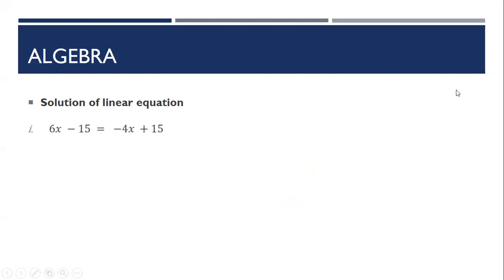Moving on. Okay, so this is question 1. 6x minus 15 is equal to minus 4x plus 15.